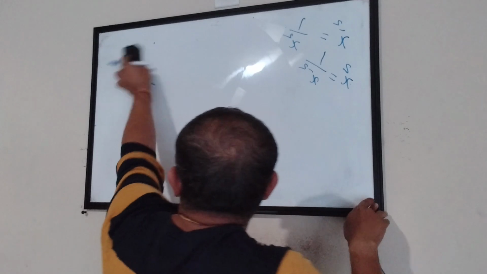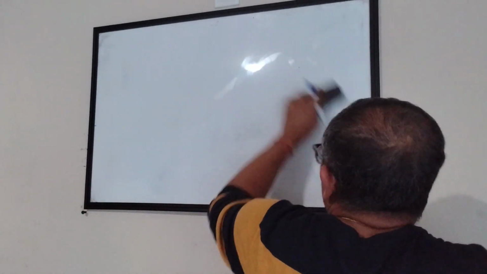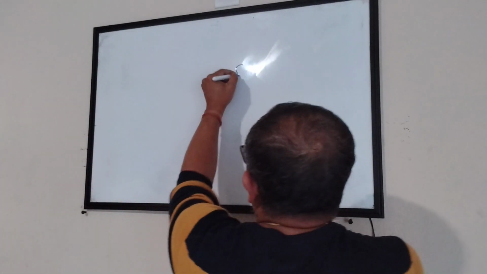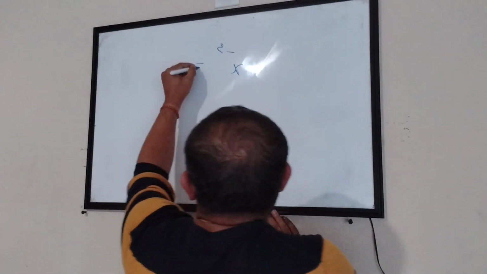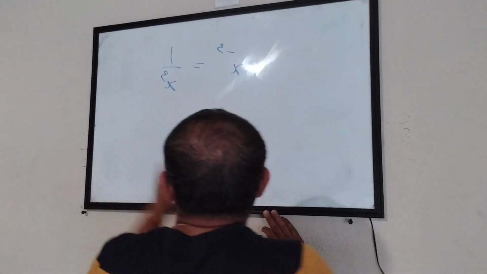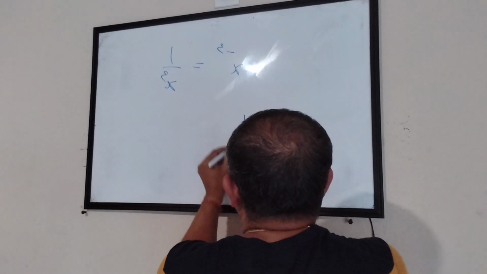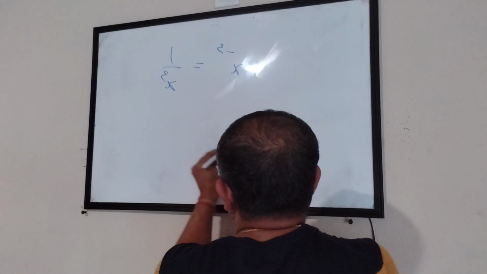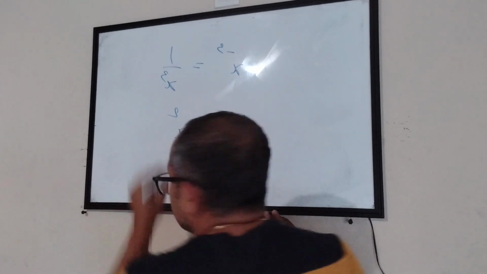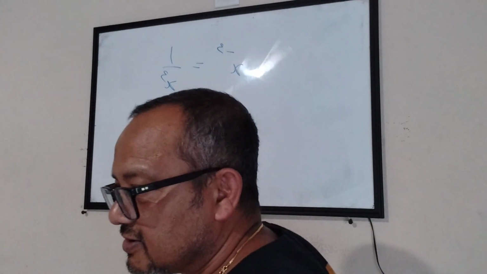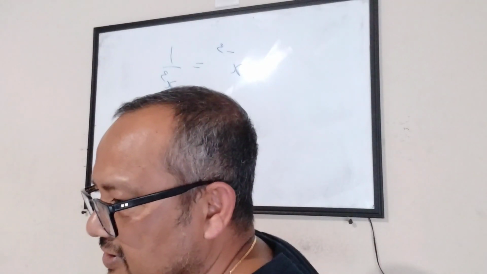Alright. So now the key question here was that if I have x to the power minus 3, it becomes 1 by x to the power 3. Or if I have 1 by x power minus 2, I can write this as x power 2. Why? Do you guys remember?